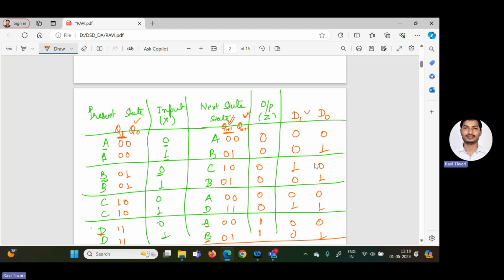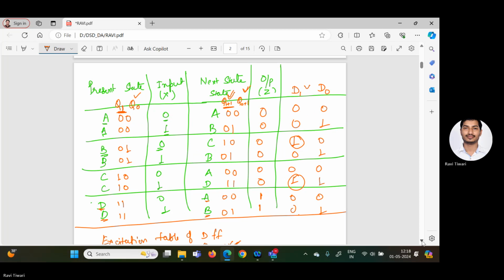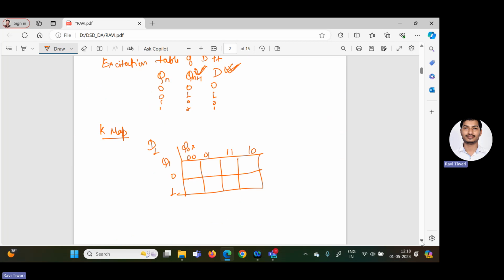So D1 is 1 for 2 conditions. Okay, so now here it's D, this is 0 1 0 and this is 1 0 1, 0 1 0, 0 1 0 and 1 0 1.